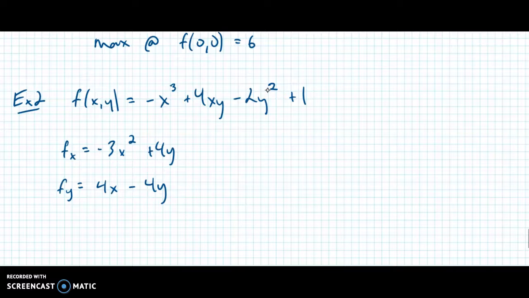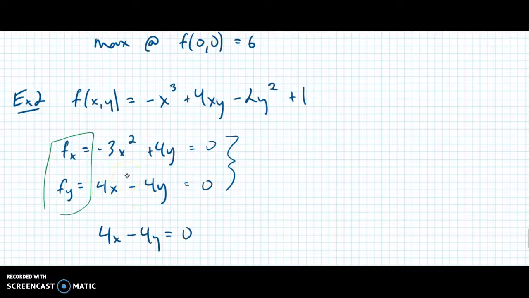This one doesn't really factor the way the ones that we did earlier do, but I just want to have this equal to 0 and this equal to 0. That becomes a system of equations, right? What makes it possible to solve this is, look, I've got 4x minus 4y equals 0.